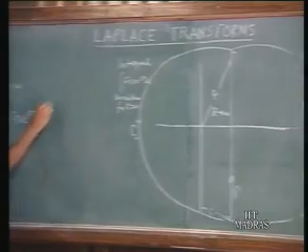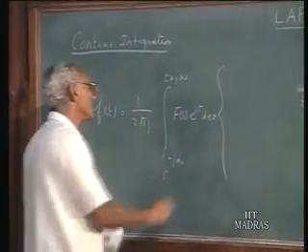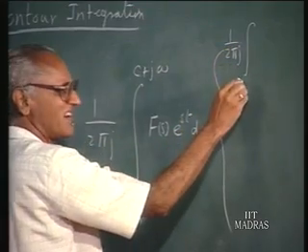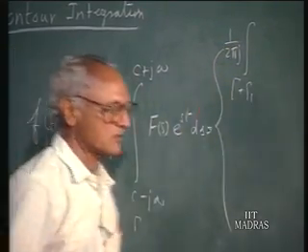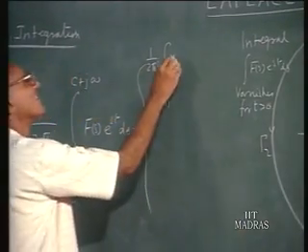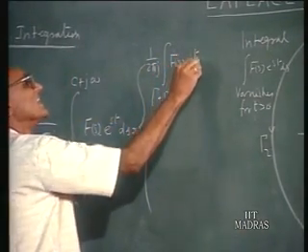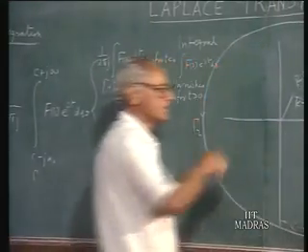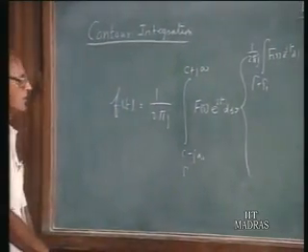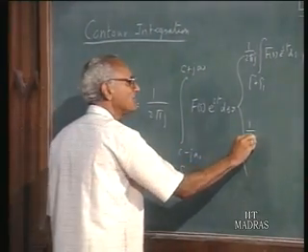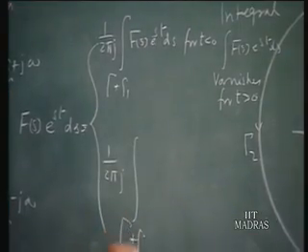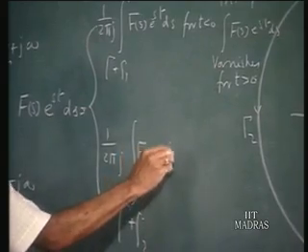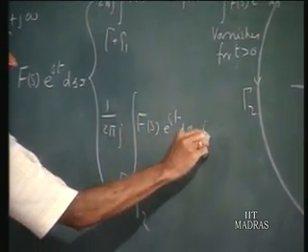So in other words, I can say this is equal to 1 over 2 pi j, the closed contour gamma plus gamma 1 of F(s) e to the power of st ds for t less than 0, because after all I am adding to that a quantity which is equal to 0, and this is equal to 1 over 2 pi j integral along this closed contour for t greater than 0.